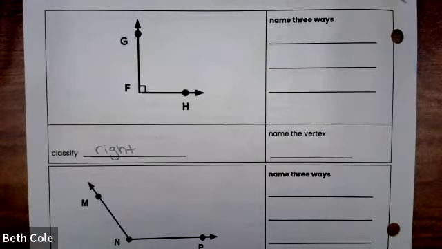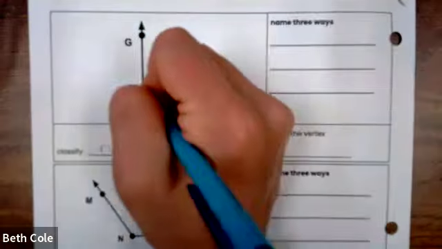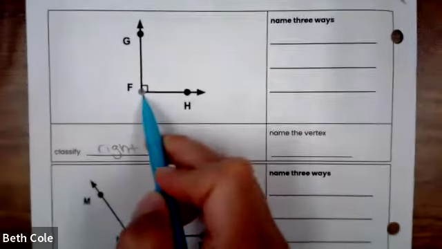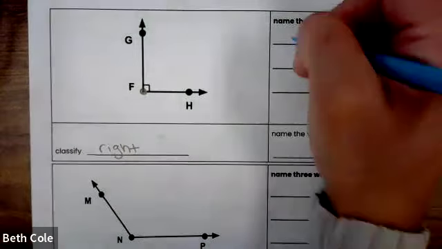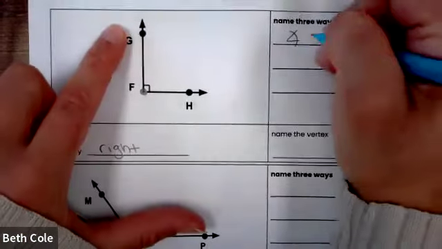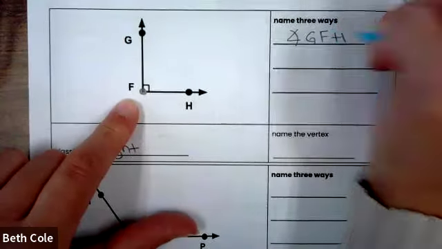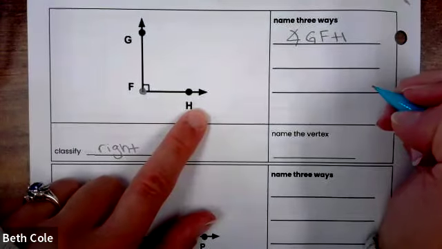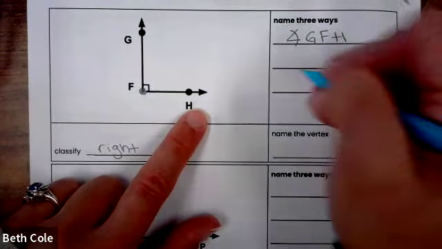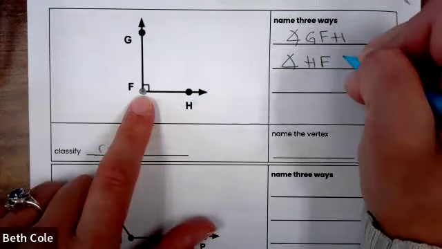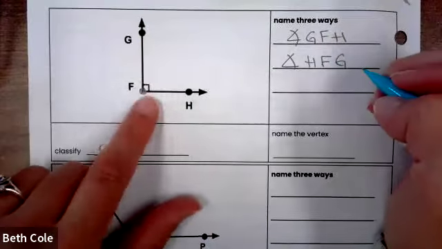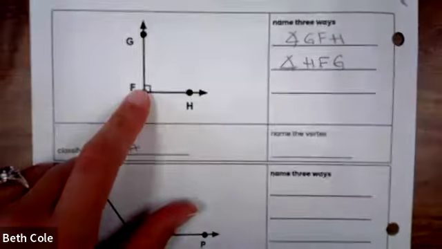Doing awesome. So when you name an angle, kind of like a ray, the order does matter. The vertex, which in this case is F, has to go in the middle. So the ways you could label it would be angle GFH, or angle HFG, but the vertex, the middle one, has to go in the middle.